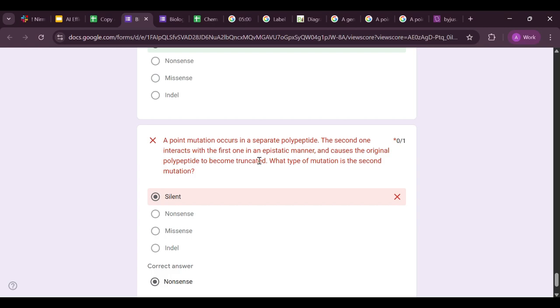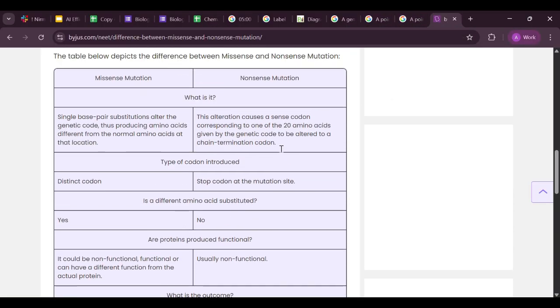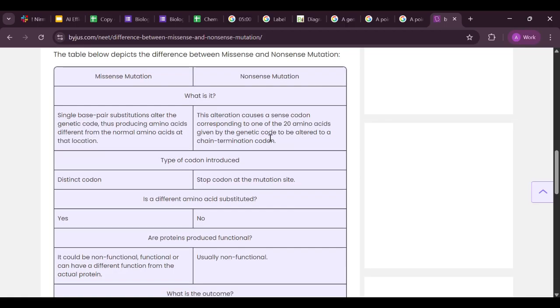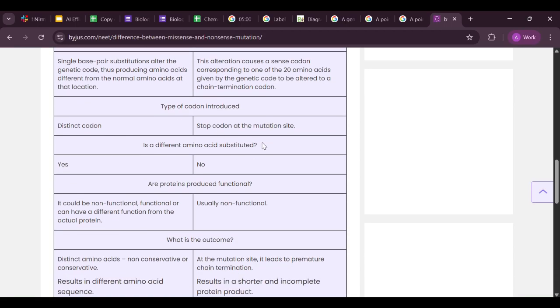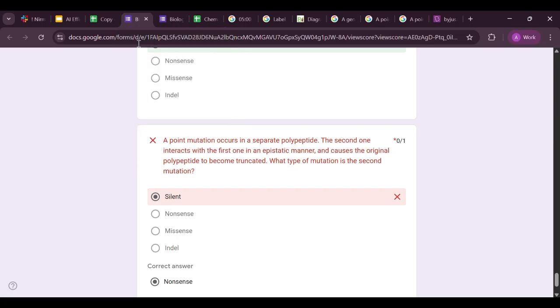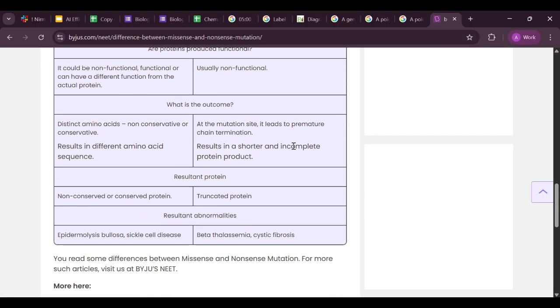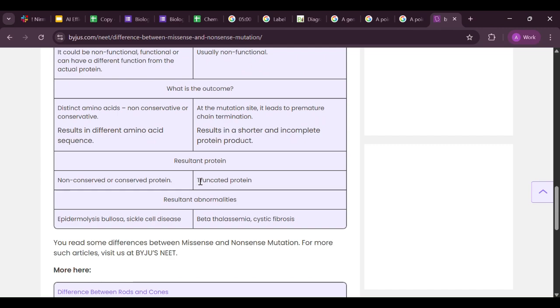Okay, so let's check. Stop codon. No different amino acid is substituted, so it is in an epistatic manner, and it is a truncated protein. We can see here as well that it becomes truncated.